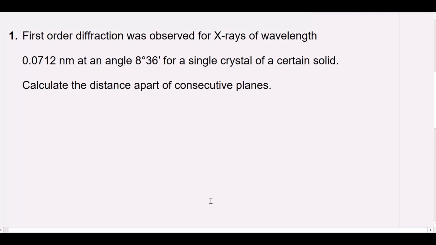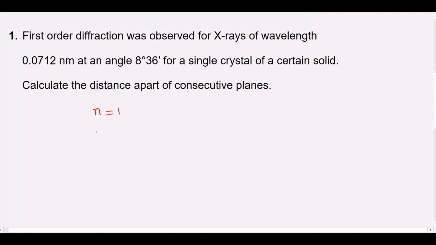First order diffraction was observed for X-rays of wavelength 0.0712 nanometer at an angle of 8 degree 36 minutes for a single crystal of a certain solid. Calculate the distance apart of the consecutive planes. So it is given, it is a first order diffraction, so the value of n equals 1.